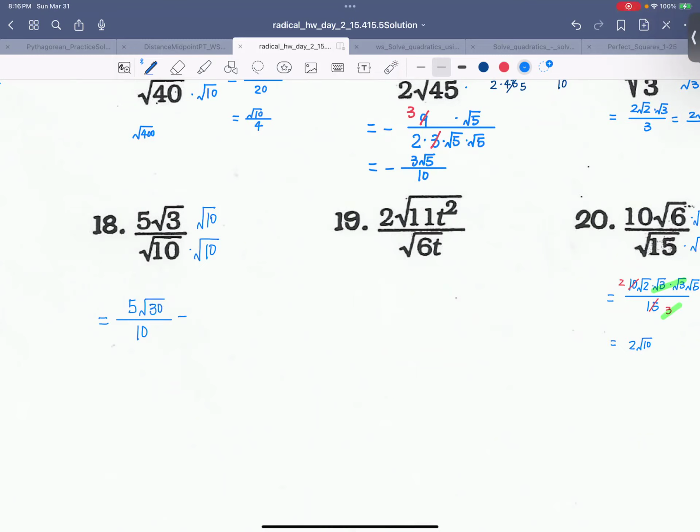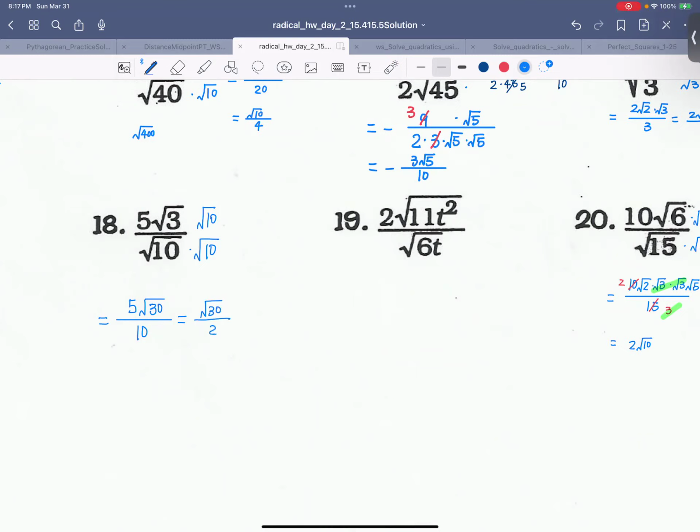Okay. One more step. You simplify, so it's 1 over 2. So this is square root 30 over 2. Okay.